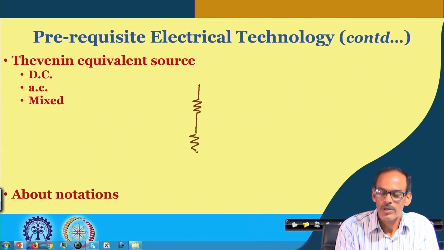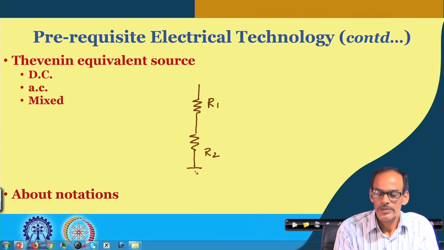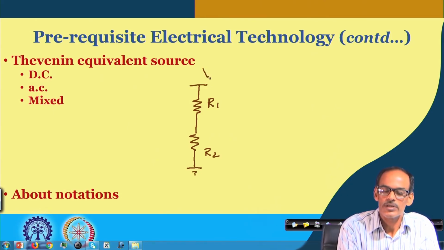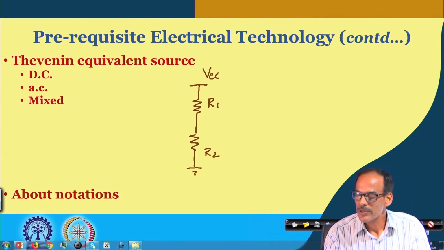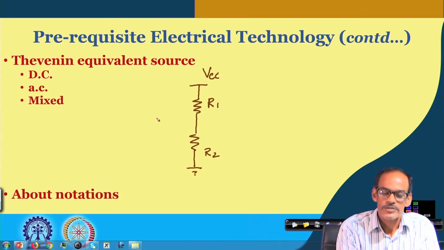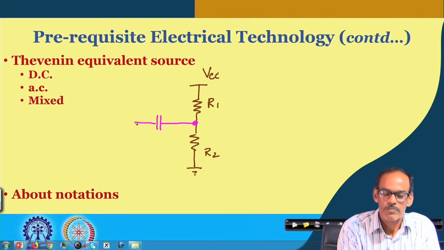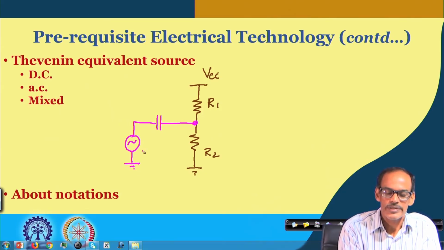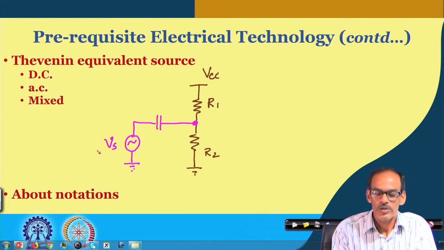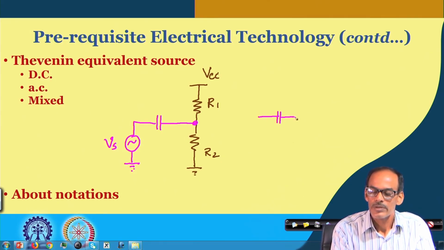So, suppose we do have R1 and R2 connected to ground, this node is connected to a DC source, and then we do have a signal source connected to this node. Simplistically, I am ignoring the resistance here, and what you will be getting here, of course, is this circuit.